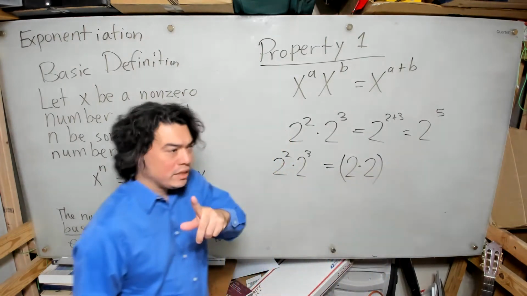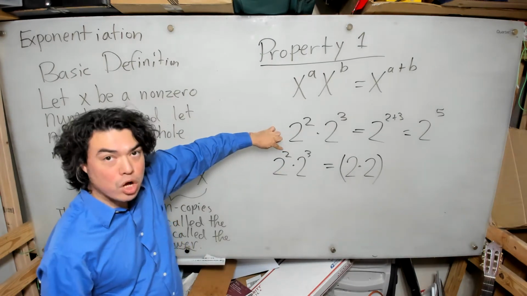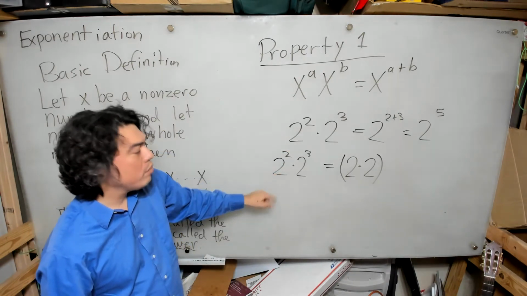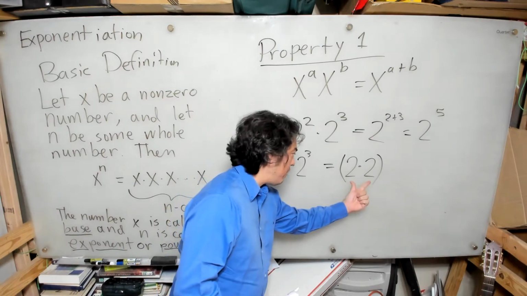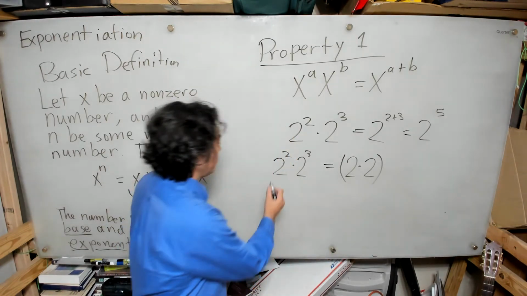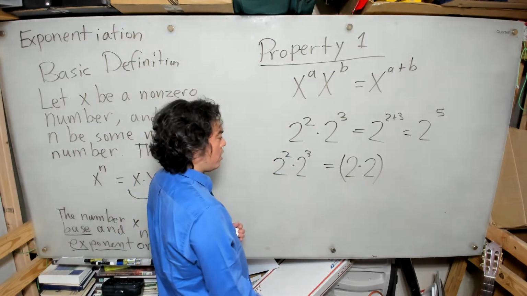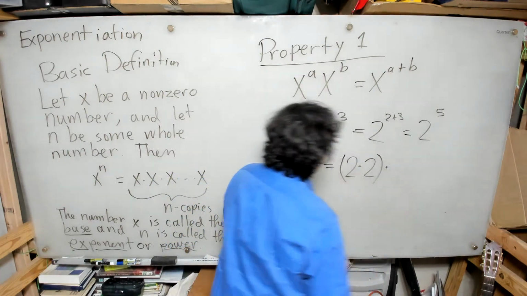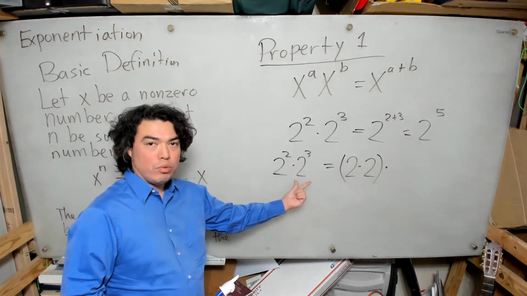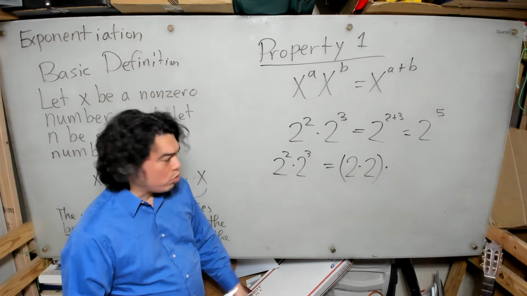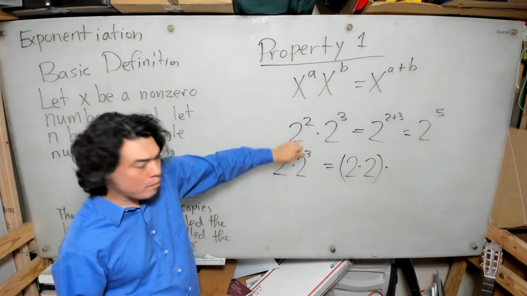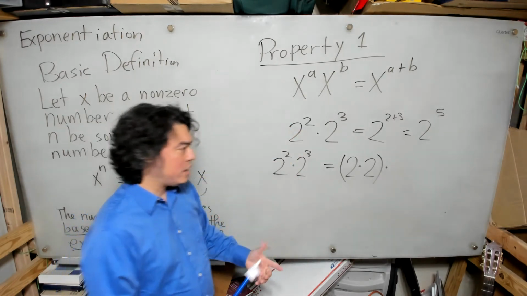Why is that? Because I'm going to have 2 copies of the base 2 being multiplied together. Now I can replace 2 cubed with 2 times 2 times 2. Why? Because I'm going to have 3 copies of the base 2 being multiplied together.